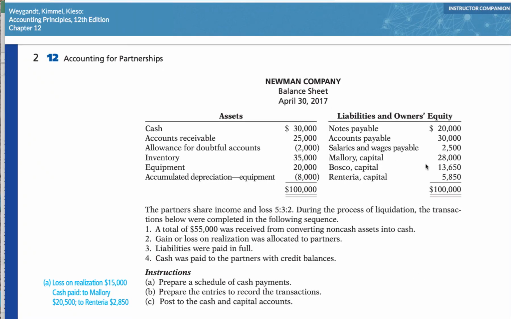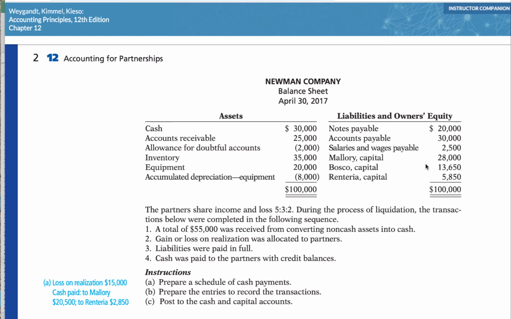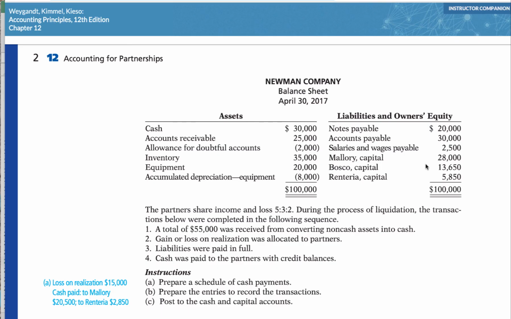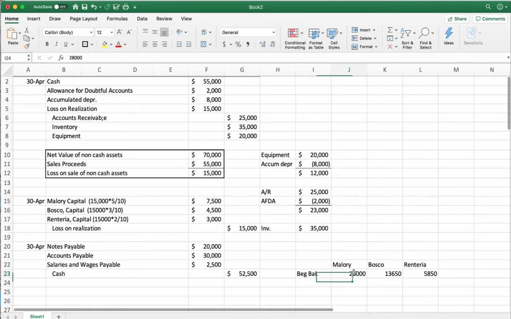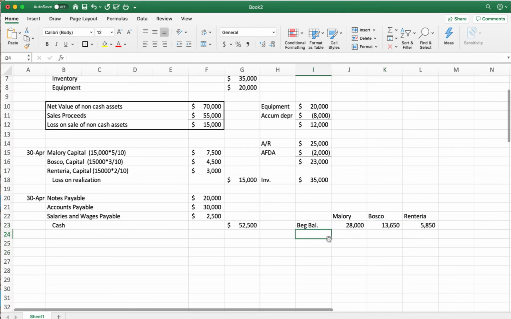Mallory started off with 28,000. Bosco started off with 13,650, and Renteria started off with 5,850. Okay, this is their beginning balance of the capital accounts before we allocated any loss. Okay, so that's number 1. Figure out what their beginning balance is.